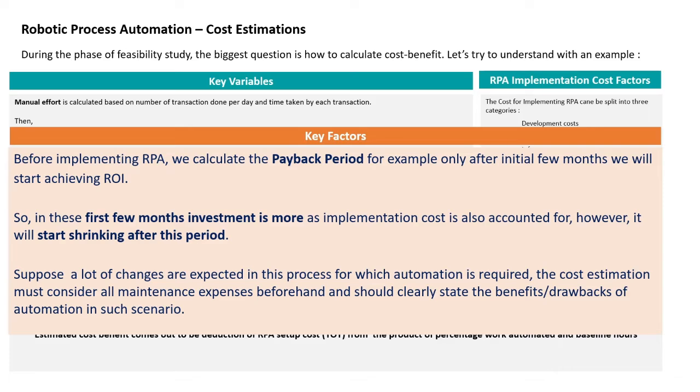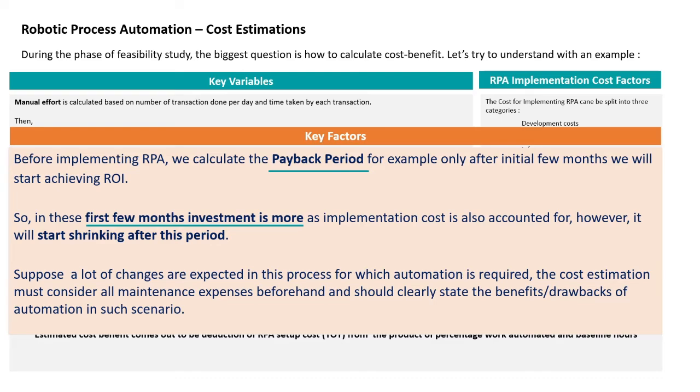While talking about the key factors, they are very important while we are doing the cost estimations. For example, there is a very powerful term, payback period, which defines the period after which the organization will start achieving the ROI, that is the return on investment. What does that mean? That only after a particular time, whether it is few months or whatever, the investment seems to be more because the initial development cost, the setup cost, all this is included, though it's the one-time cost.